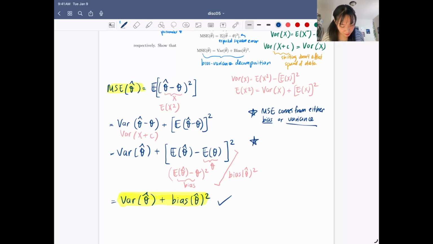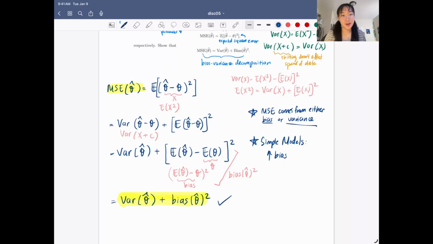Besides explaining the error, something not completely related to this equation but good to know is that for simple models, like a constant model where you're always predicting 5, the bias is very high, because simple models don't catch the data as well. Say we're trying to predict the mean from this hat with a bunch of numbers in it, and our model is constant, so we predict 5 every time.